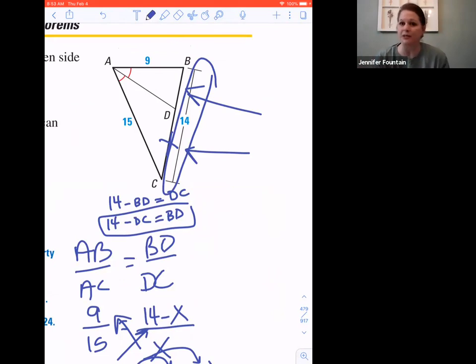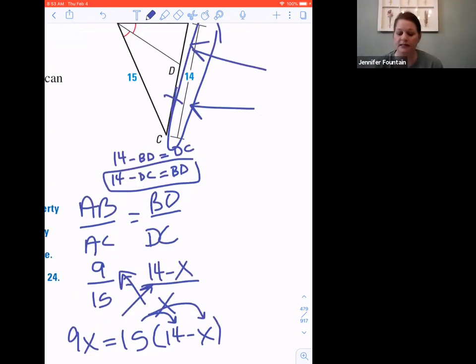There's no magic in saying this one has to be X and this one has to be your total value minus X. Either one could be X. It just means that whenever I'm plugging it in, I make sure that if I'm representing BD in my numerator and DC in the denominator, and BD could have been X, then DC would have been 14 minus X. Okay.